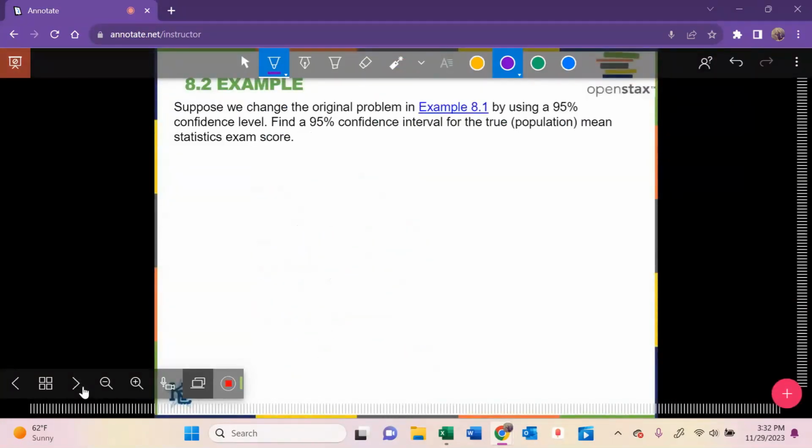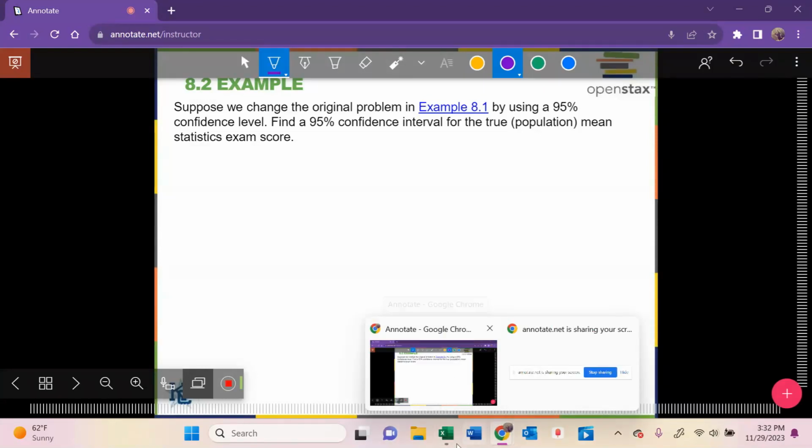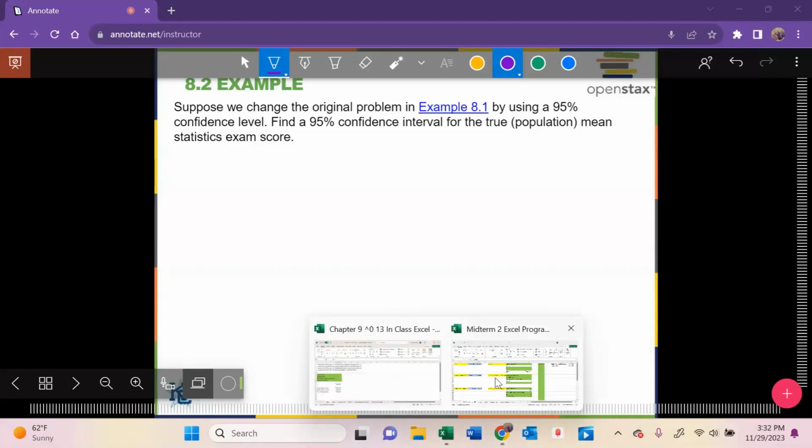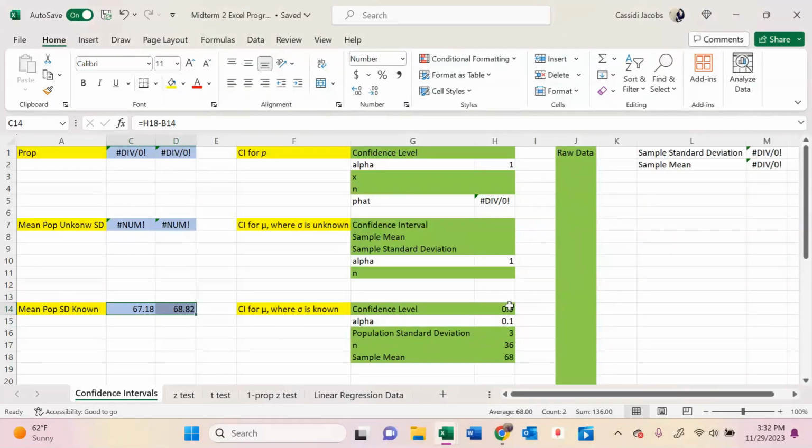So for this next one, it says, suppose we had changed the original problem in example 8.1 by using a 95% confidence level. Find a 95% confidence interval of the true population mean statistics exam score. So this one, we could be asked to adjust for a different confidence interval. And in that case, all you would do is go in and change the confidence level because we didn't change anything else in the problem.